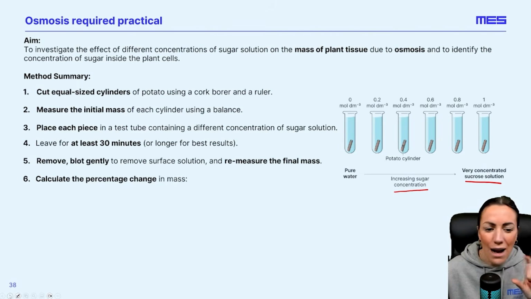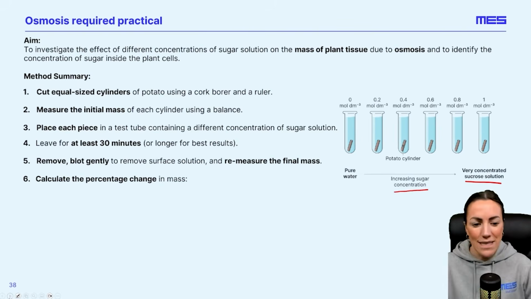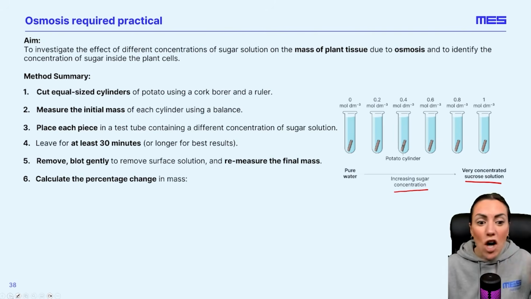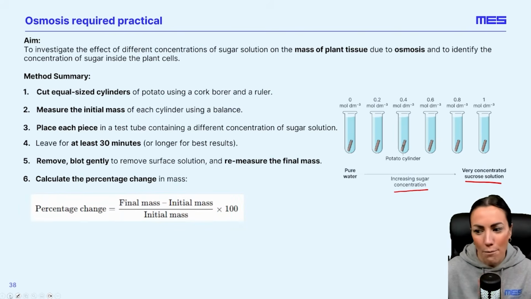So you could then work out the difference in mass, but what we suggest you do is actually calculate the percentage change in mass so that you can actually compare your potato cylinders. Even if the starting masses were slightly different, if you work out the percentage change in mass, it makes them all comparable.